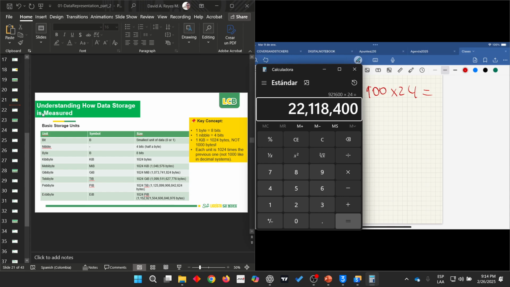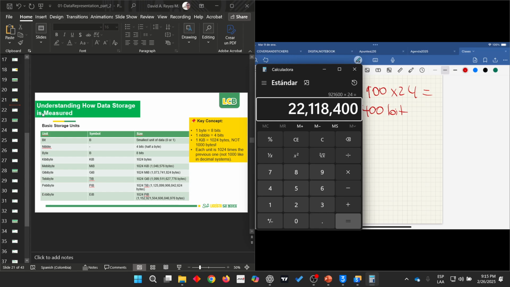That means that we have 22 million, 118,400 bits. So I want to express this in bytes.